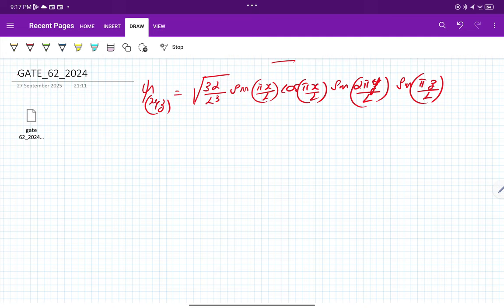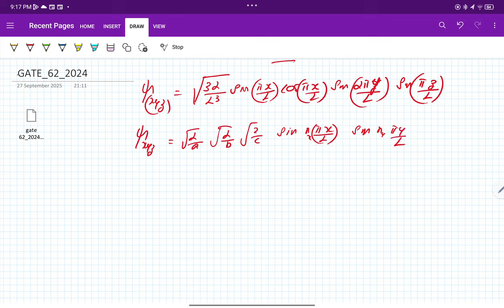Our familiar form is psi(x,y,z) equal to, the normalization constants root of 2 by a, into root of 2 by b, into root of 2 by c, then the remaining functions sin(nx pi x by L), sin(ny pi y by L), and sin(nz pi z by L).